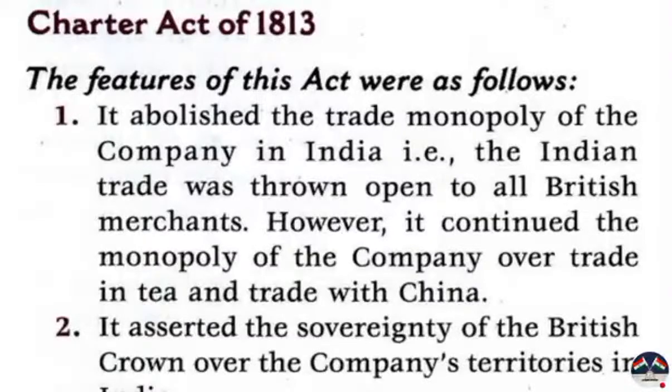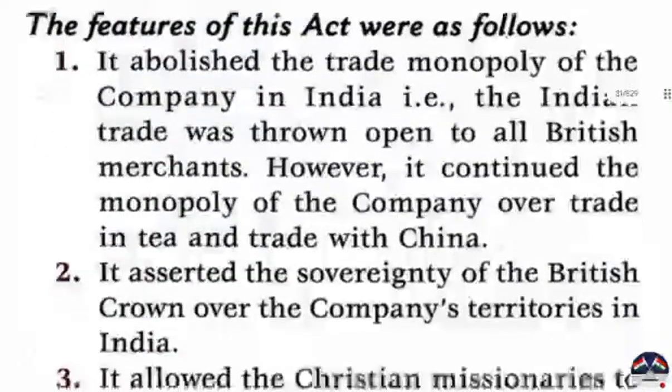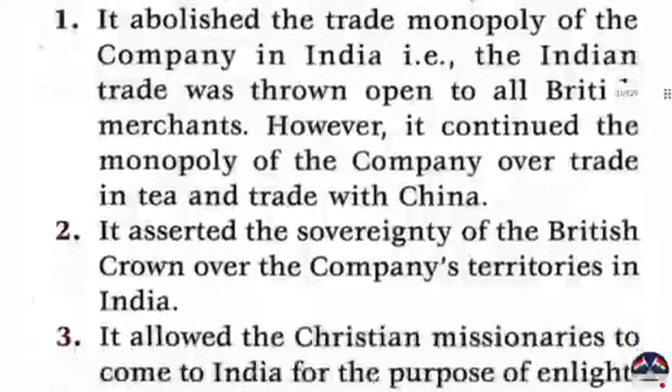The features of the act were as follows. It abolished the trade monopoly of the company in India. Indian trade was thrown open to all British merchants. However, it continued the monopoly of the company over trade in tea and trade with China.